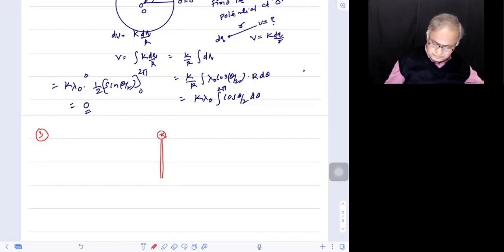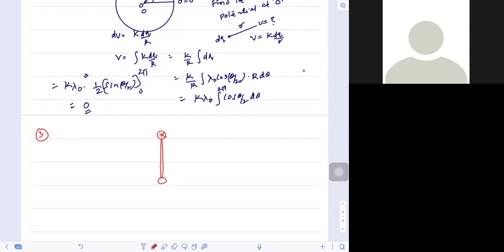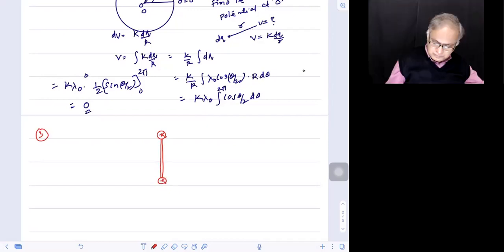Isn't it so? This is minus Q. And this is a pivot. This distance is 2a. Pivot means it is arranged to move around that pivot.